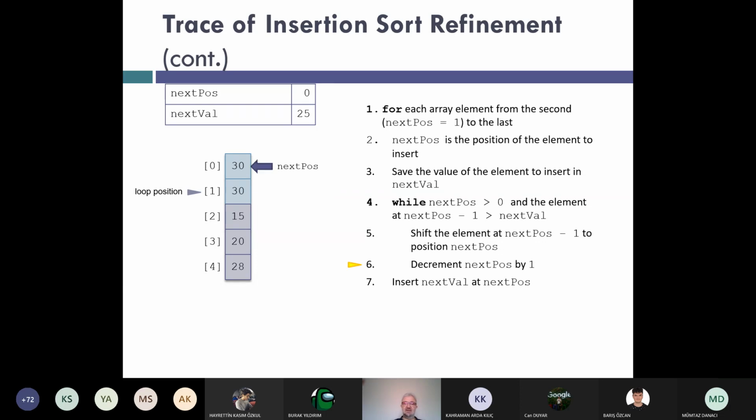We decrement next pos. Since next pos is not greater than 0, so we get to the end of the array, we get out of the loop, and we put this 25 in its place, next pos.